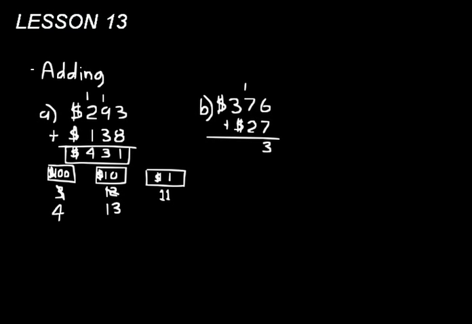So that would be one $100 bill and no $10 bill. So we put a 0 there in the tens place, and we put a 1 for our one $100 bill in the hundreds column. And now we add those two together. 3 and 1 is 4. And so we'd end up with $403.